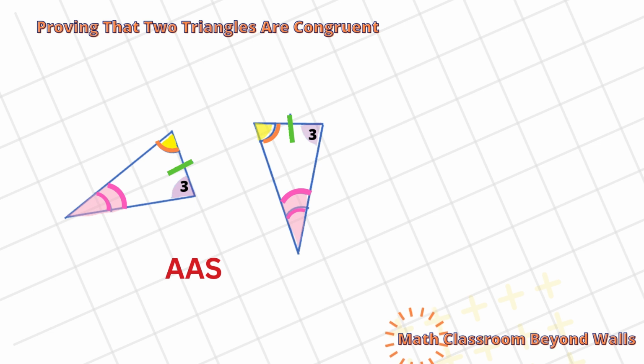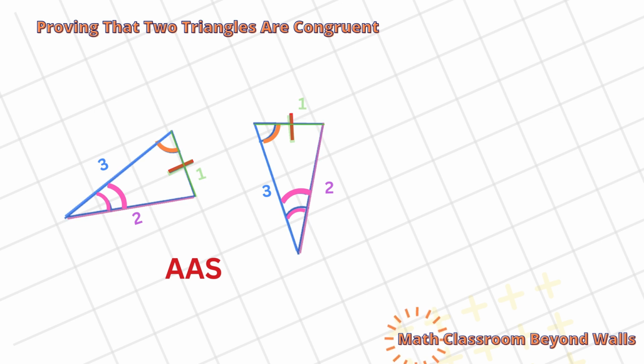You are right, the other pair not used in proving that the two triangles are congruent is also congruent. In like manner, only one pair of sides is used in proving that the two triangles are congruent of the three pairs that are there. So, what can you say about the other two pairs of sides?